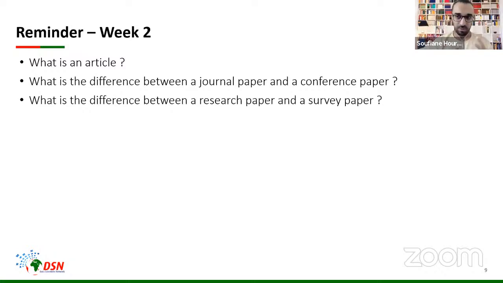In a research paper we propose a new method or a new methodology, and we write it in the form of an e-paper. We also presented some databases where to find articles, and we cited Scopus, Web of Science, Science Direct and some other databases.